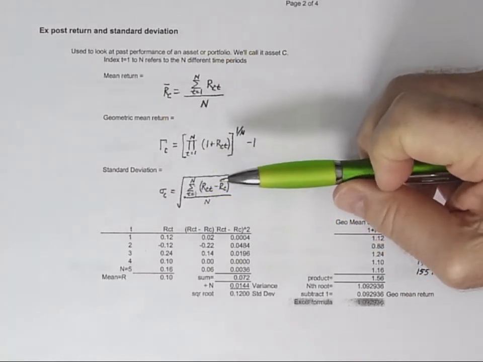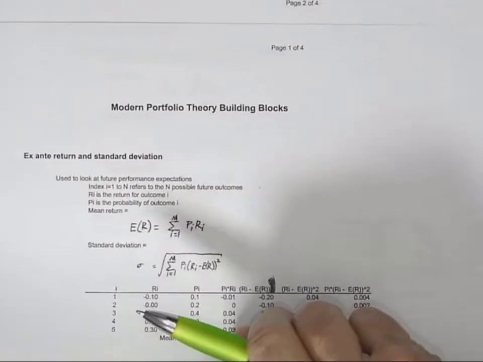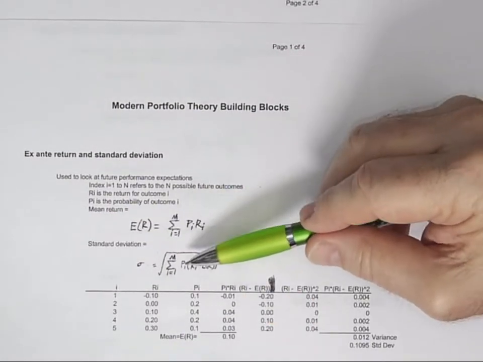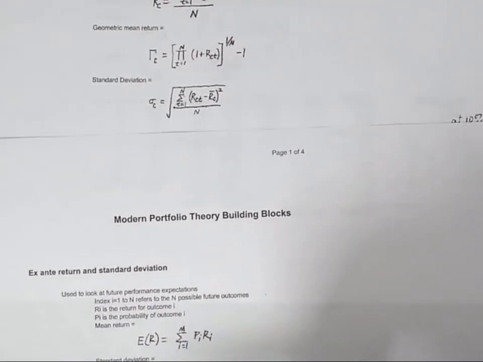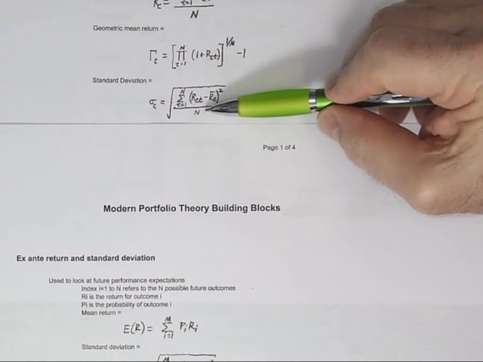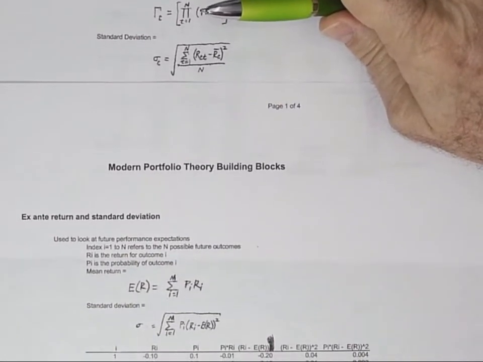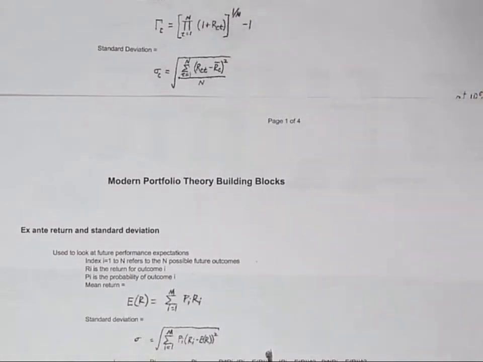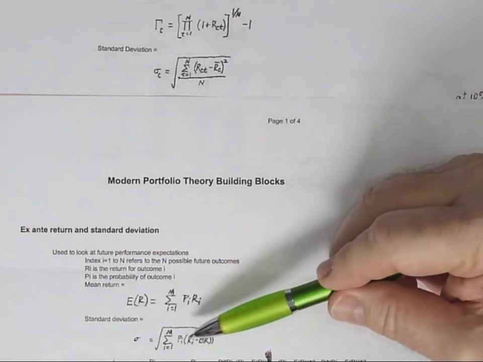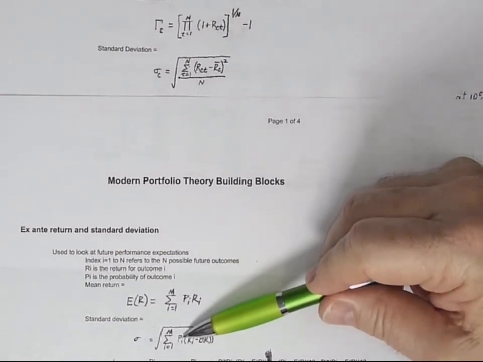Now, note that before, in the previous version, I'm flipping back to the earlier page, we were multiplying by probability, whereas here we're dividing by n. Let me see if I can get these both on the page at the same time. Well, actually, if all the probabilities were equal, you would be multiplying by the same number, and if they were all equal, that number would be 1 over m.